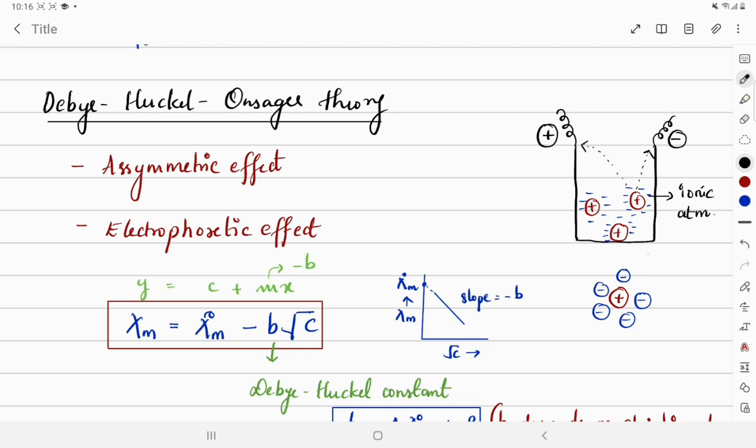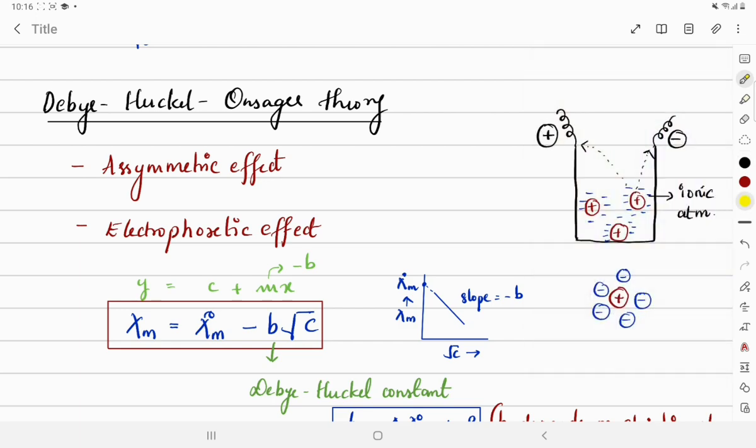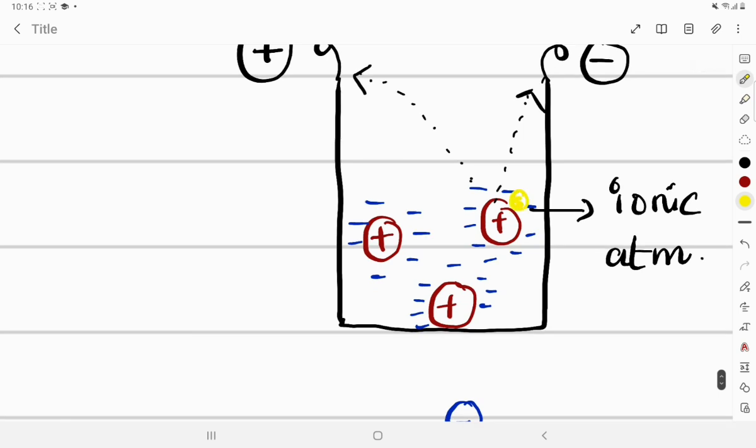So suppose we are diluting this solution, what happens? Solvent molecules will actually come and take their places in between these ions. So obviously there will be a reduction in the attraction between positive and negative ions.